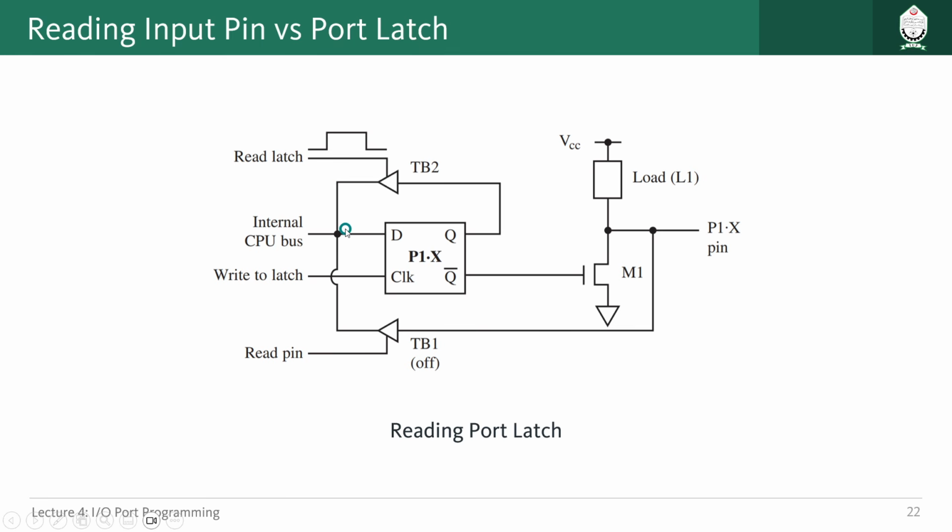That is called reading the port latch. So there are assembly instructions that will not read the input pin, so they will not read whatever we are sending from here, rather whatever we are getting here. So what are those assembly instructions? Let us look at one example. One of the examples is this one.